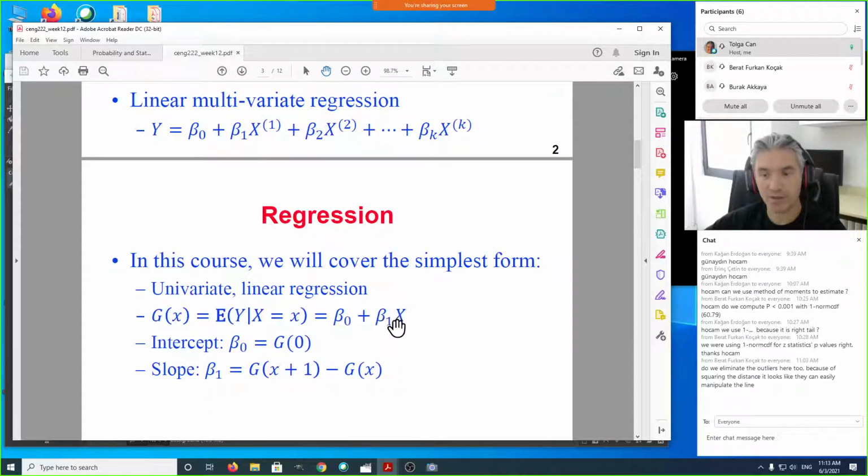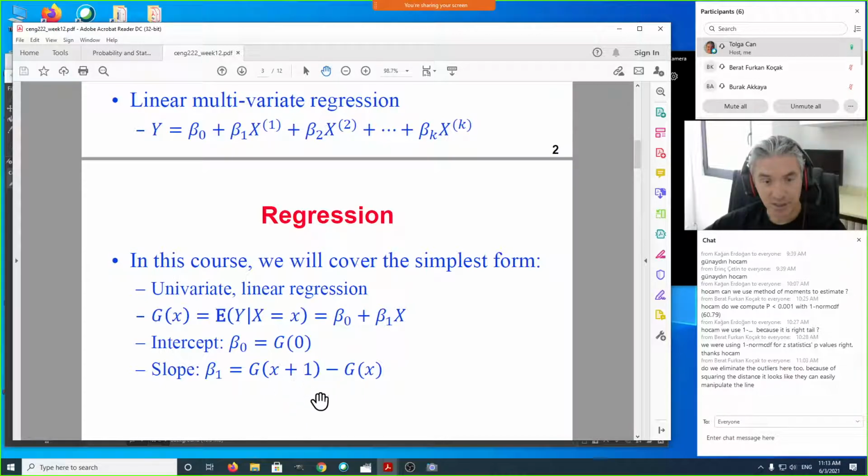Here beta 1 is the slope of our line, which tells us how much the response variable changes with a unit increase in x.